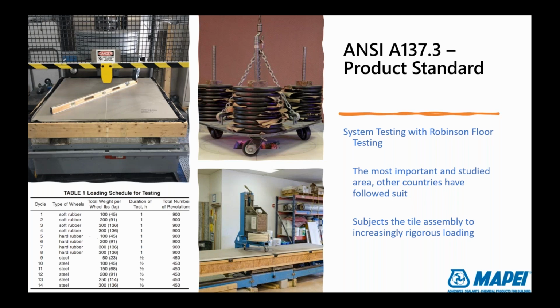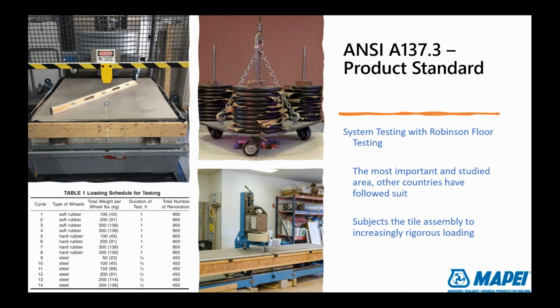So 3 wheels are installed. We put 100 pounds over each wheel and rotate it 900 times over the tile assembly. We're looking for a broken grout joint. We're looking for chipped tile or spalling or anything like that. Second cycle, 200 pounds per wheel, 900 times. Third cycle and fourth cycle, 300 pounds over each wheel, 1,800 times.